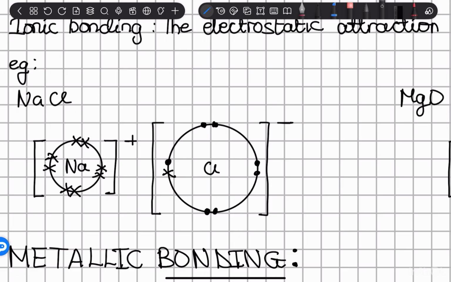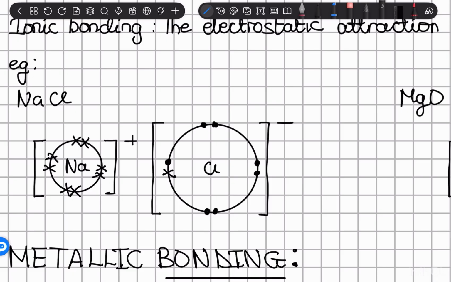Otherwise, you can just leave sodium as it is. You don't have to draw the shell, because technically you've already taken away the electron. It's allowed to not draw anything for the metal, especially if it has one electron in its valence shell. So this is just how you draw it.